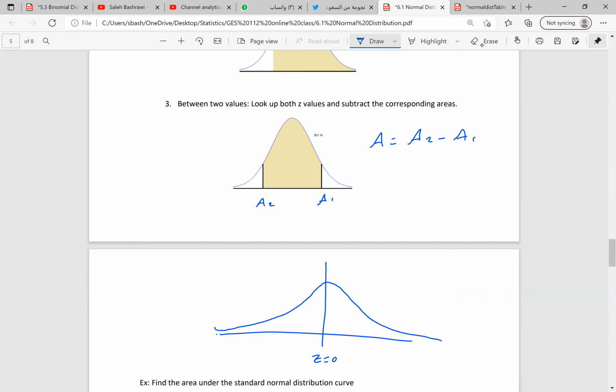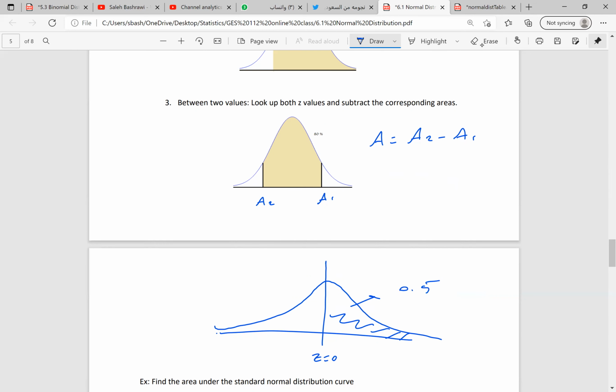The right area is 0.5. Left area is again also 0.5, because we say the normal distribution is symmetric about the mean. So the left is equal to the right, and both of them are equal to 0.5. Left area equal to 0.5, right area equal to 0.5.